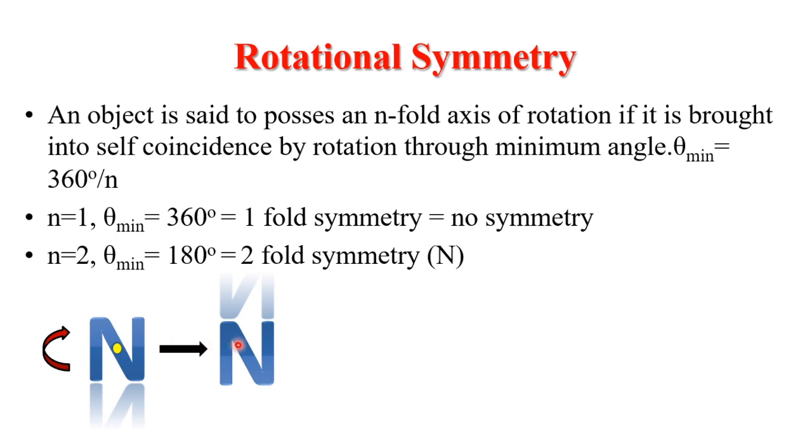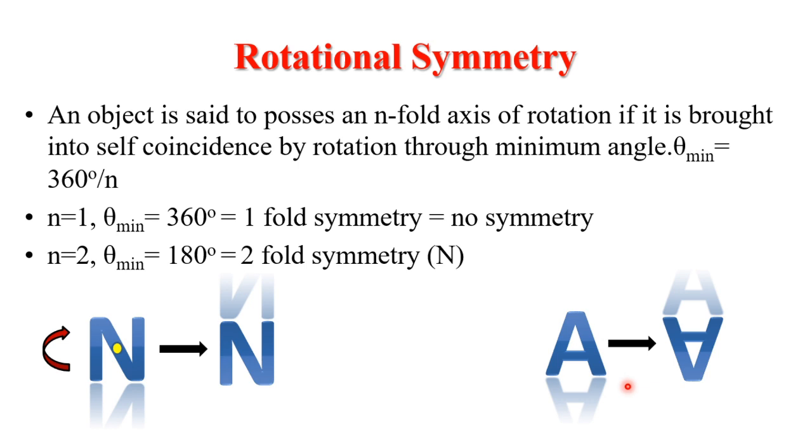Thus, capital N possesses two-fold symmetry. If we check the same concept for other letters like capital A, we will not witness any self-coincidence for a two-fold rotation axis.